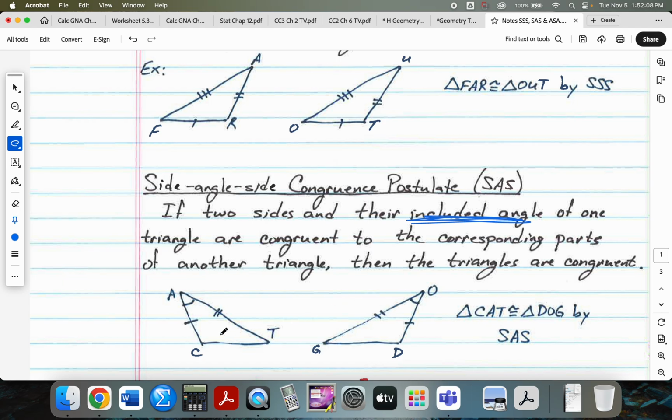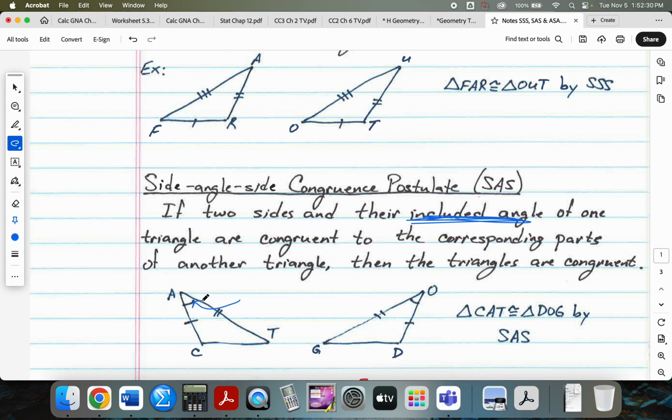or the angle that's made by those 2 sides. So if we look at this triangle, we've got AC marked congruent to OD, AT congruent to OG, and in between these 2 sides we have this angle. It's the angle made by those 2 sides. So that's the included angle. And then the same thing is true over here.